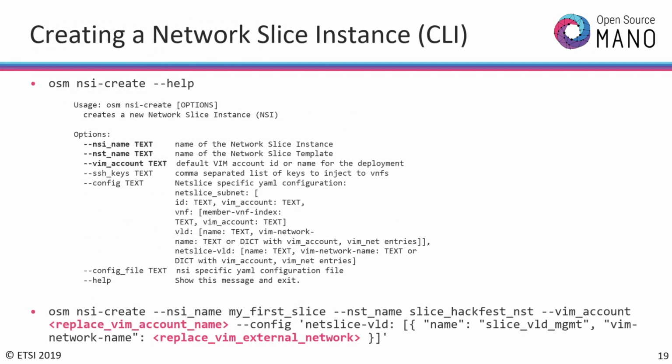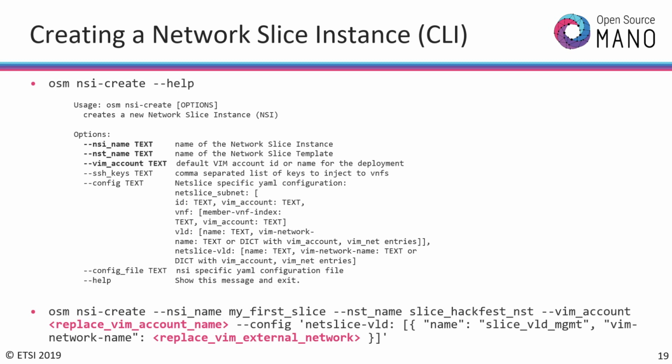The next thing that we need to do is to create the network slice instance. As you can see in the slide, we have a command to create the network slice instance that is osm nsi-create.